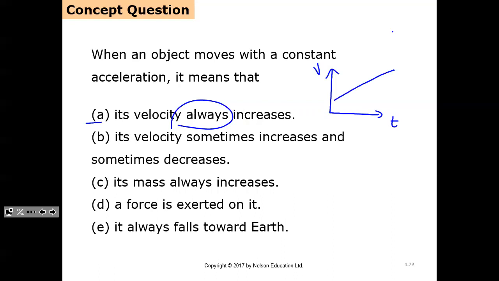So if it is moving in a certain direction, it will keep moving in the same direction, because if the direction changes, the acceleration is not constant. Or let me put it this way, in a velocity-time graph, it has to be a straight line, because what is acceleration? The slope of the velocity-time graph is the acceleration.